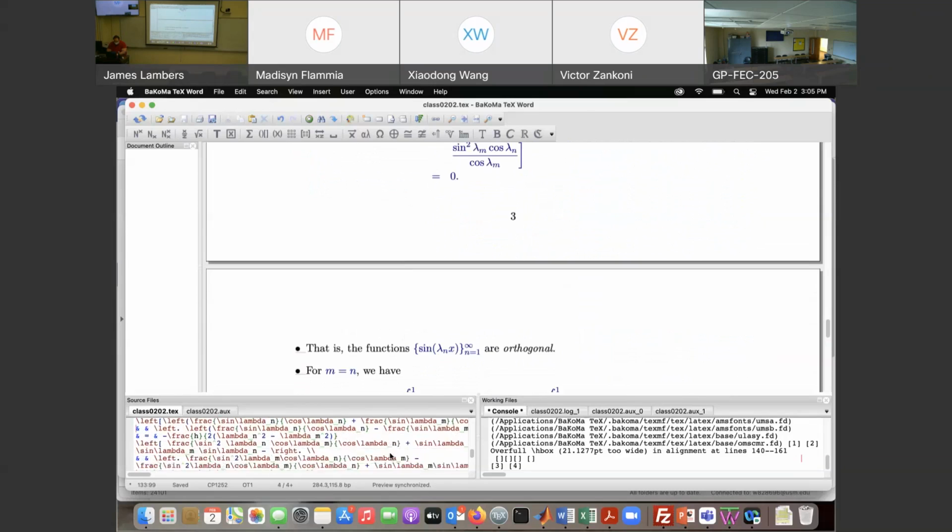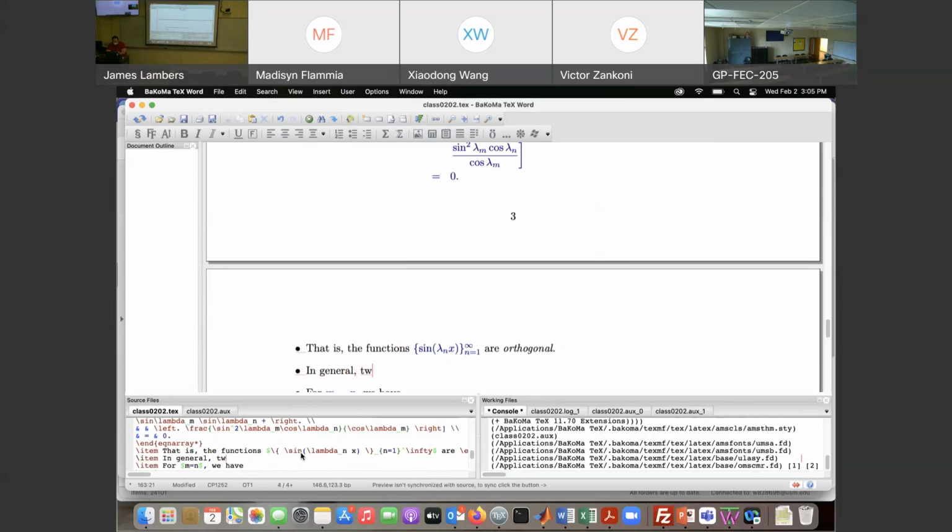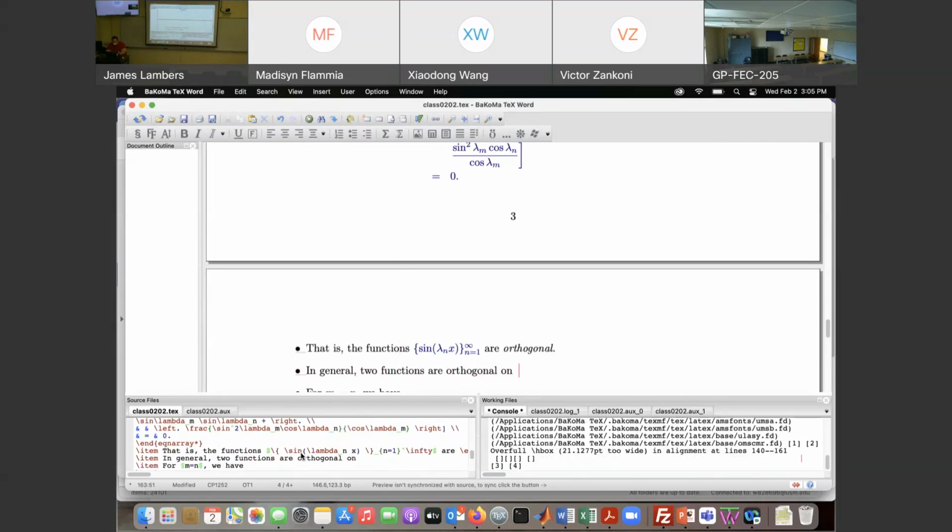I'll give the general definition here. So orthogonality of functions has to be defined with respect to an integral.